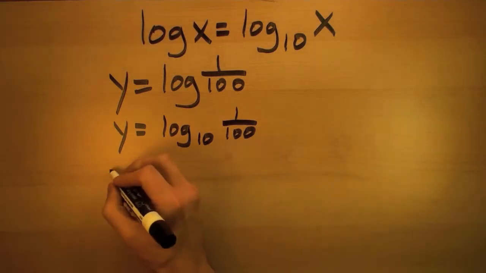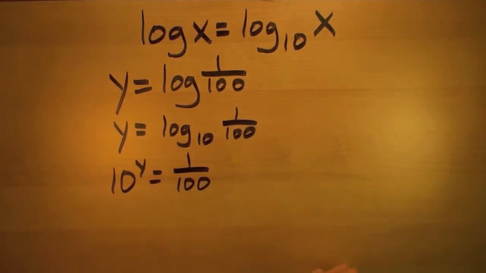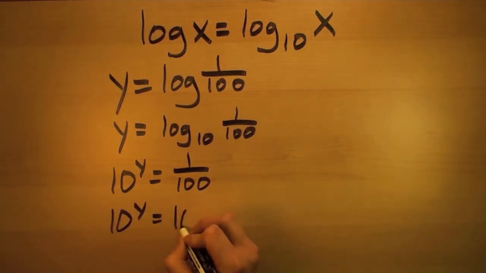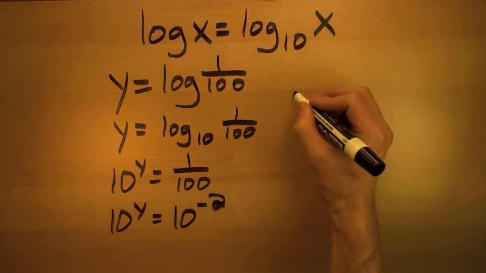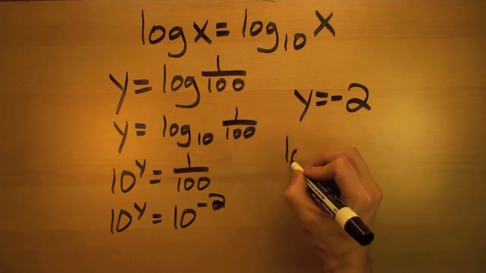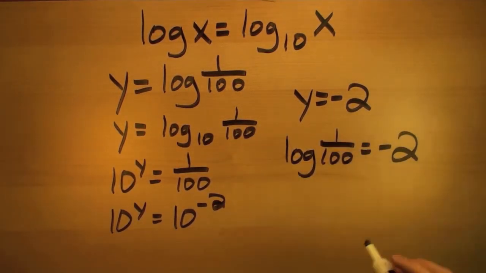When we convert this, we get 10 to the y equals 1 over 100. Writing this in terms of a common base gives us 10 to the y equals 10 to the negative 2. So y equals negative 2. So log of 1 over 100 equals negative 2.